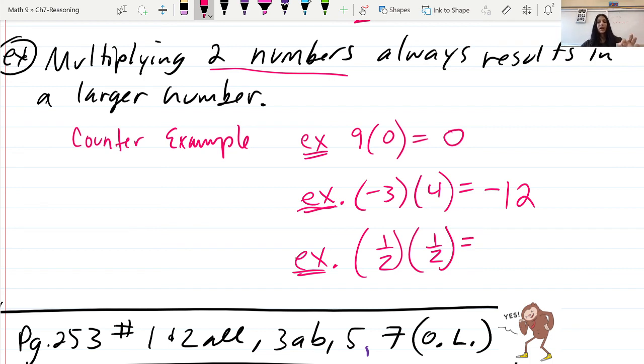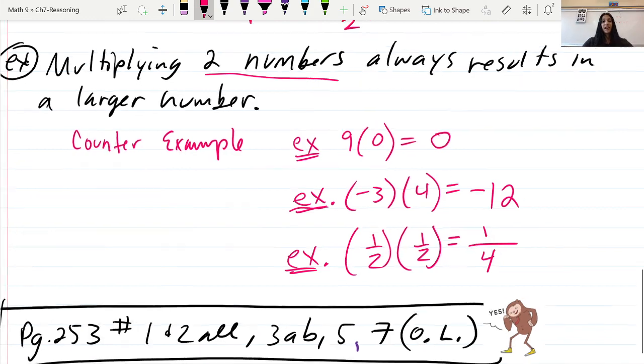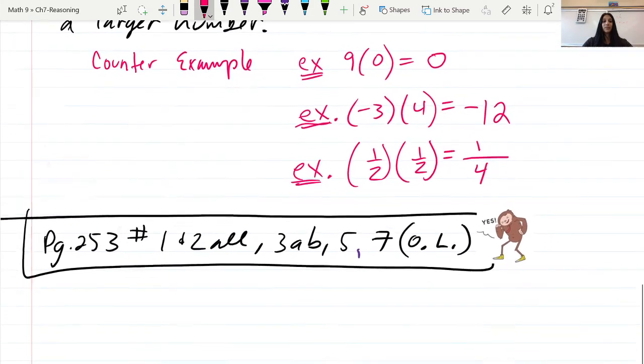Whenever we multiply fractions like this together, the numerator is 1. The answer in the numerator is still 1, but the denominator gets larger, so 2 times 2 is 4. So if we think logically about this, a quarter is smaller than a half. So you get to see that example of a counterexample.